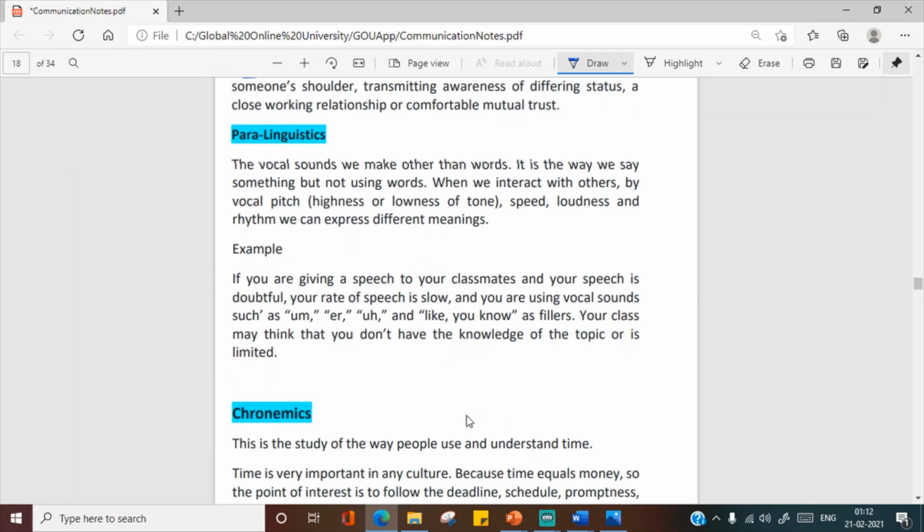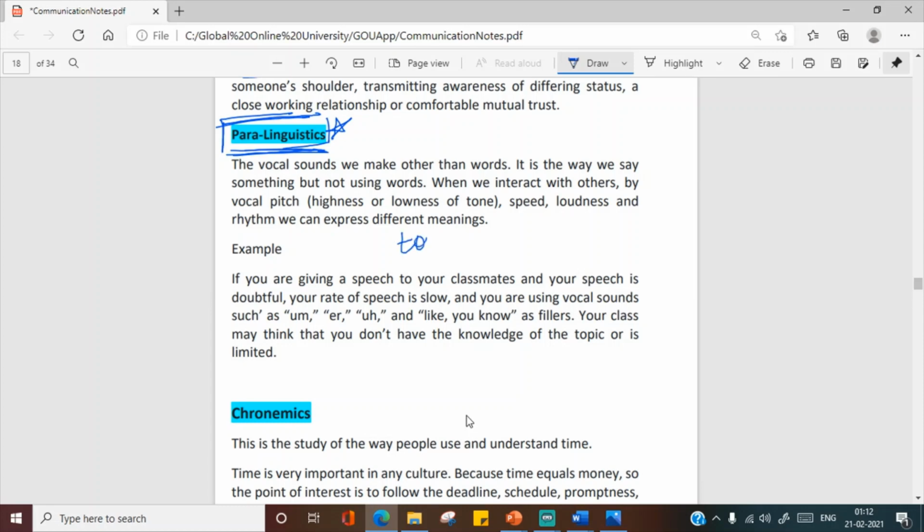The next very important type of non-verbal communication is paralinguistics. I am going to highlight it as much as I can because this has been asked so many times in the NET examination. Paralinguistics is vocal sounds other than words. When a person is speaking, only the words don't matter, students.